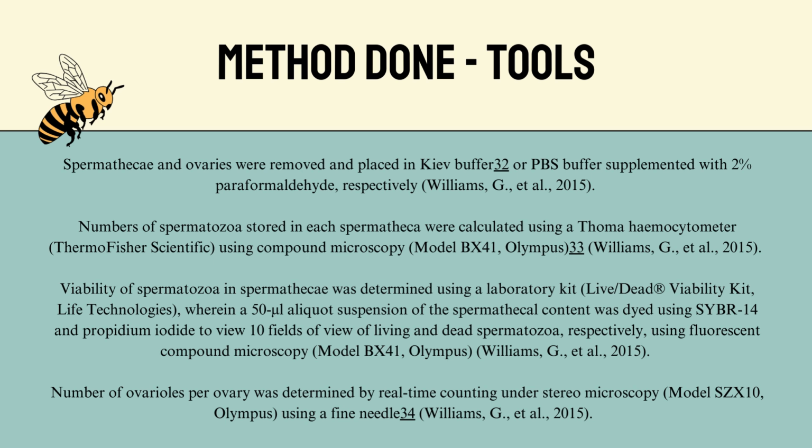Some of the specific tools that were used: they used Buffer 32 to study the sperm. They also stored sperm using a hemocytometer, cytometer, and they also used compound microscopy.